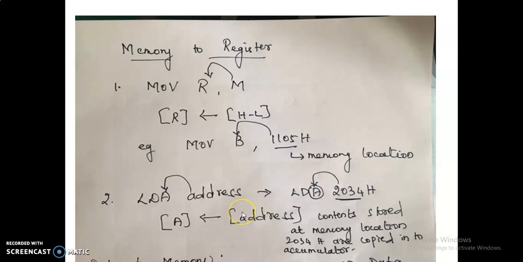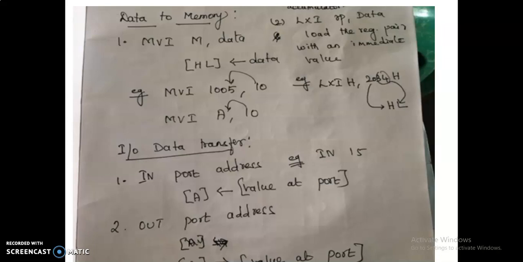On that memory location, whatever data you stored is moved to the accumulator. In this example, I use the memory location 2034H. The content stored at memory location 2034H is copied to the accumulator A. Clear, girls?